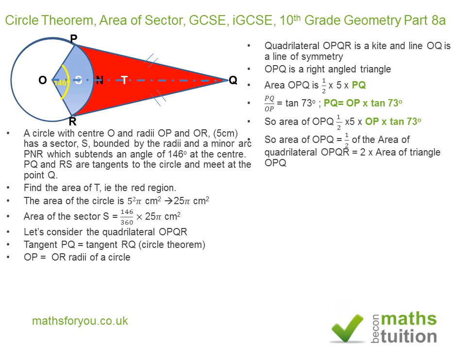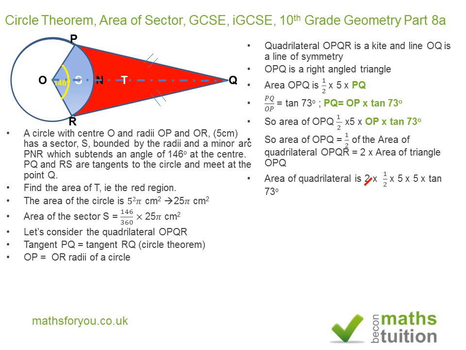Okay, right. Now the area of the triangle is half the area of the quadrilateral, or if you like, the area of the quadrilateral is double the area of the triangle. It doesn't matter which way around you put it. So what we've now got is that the area of the quadrilateral is twice the area of the triangle, which is a half times 5 times 5 times tan 73 degrees.